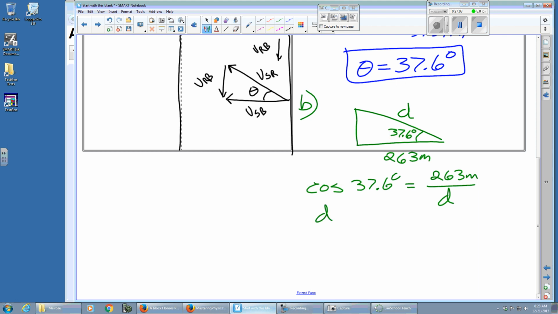So D equals 263 meters over cosine of 37.6 degrees.